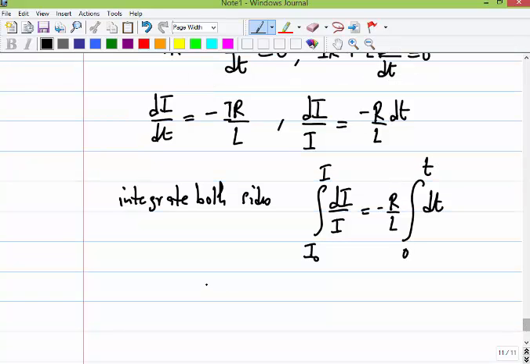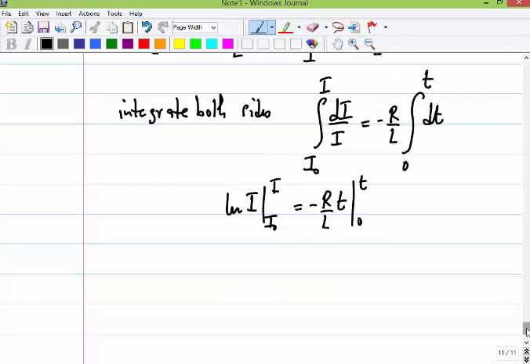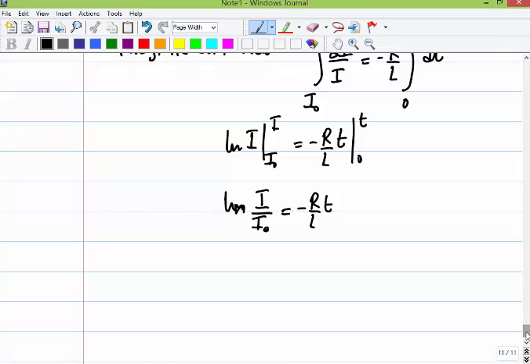The integral of 1 over I is a natural log, so the natural log of I over I naught equals minus R over L times t. If you take the exponent of both sides, you have I over I naught equals e raised to the power minus R over L times t. Or you can write I equals I naught e raised to the power minus R t over L.